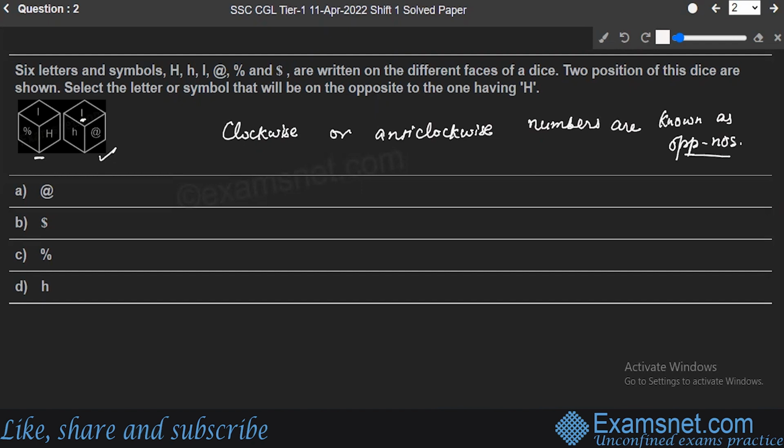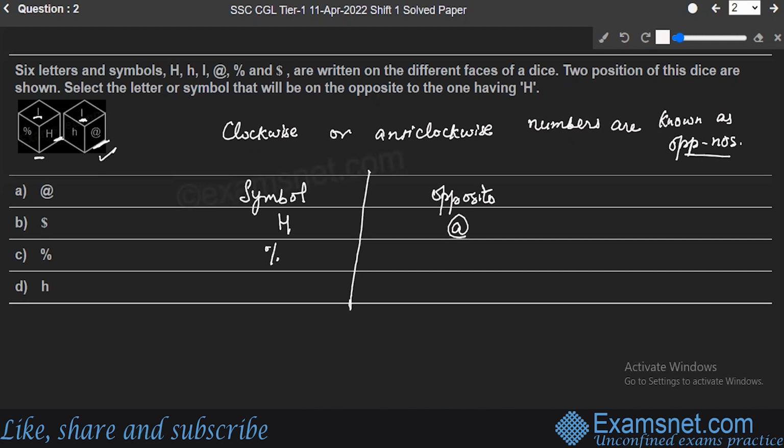In the first and the second dice, this I is common and the other faces have moved in the anti-clockwise direction. The letters on the left will be opposite to each other, writing them clockwise starting from I. So capital H will have at the rate as the opposite symbol.